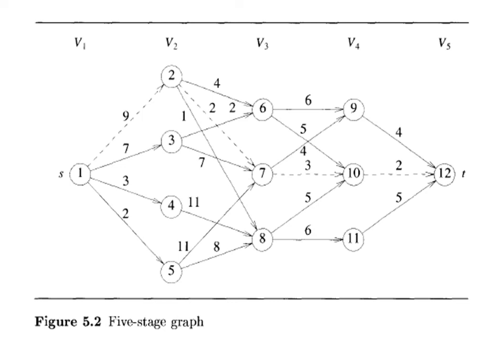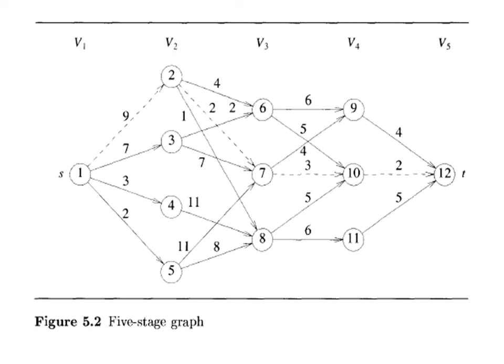That is, we have only one node in the source stage, and in the last stage also we have only one node. The multi-stage graph problem is to find the minimum cost path from the source node to the sink node. Here we can notice each stage has a set of vertices. V2 has 2, 3, 4 and 5. Stage V3 has 6, 7 and 8, and stage V4 has 9, 10 and 11.